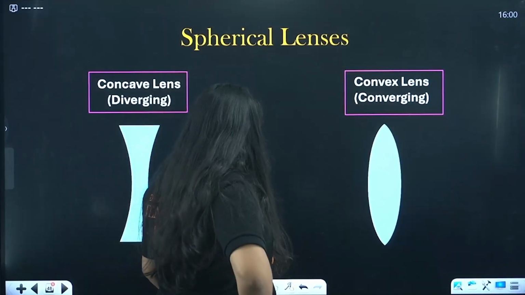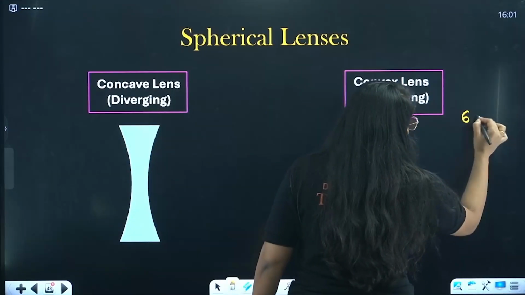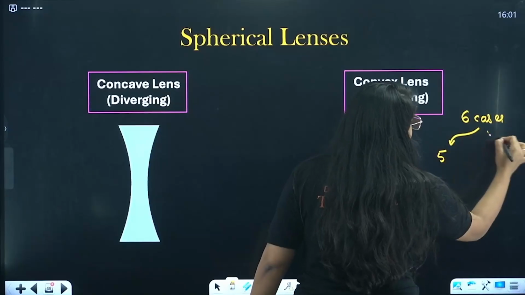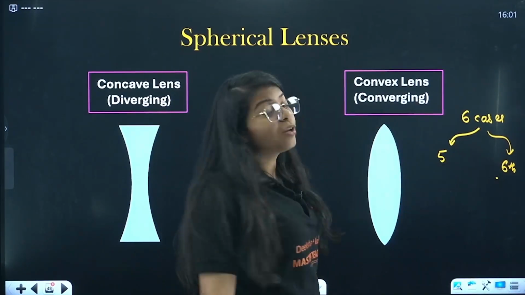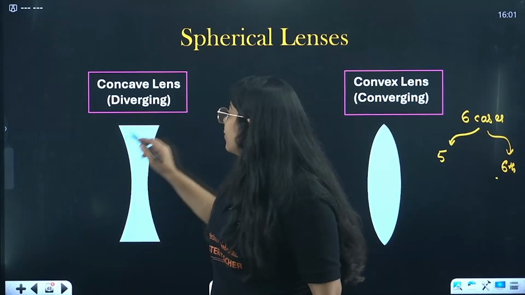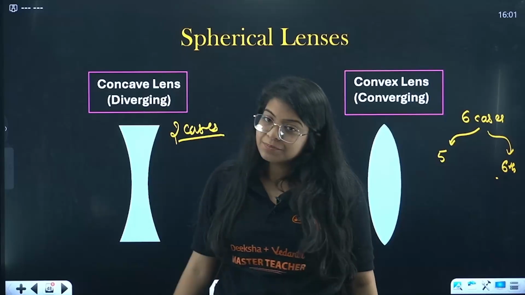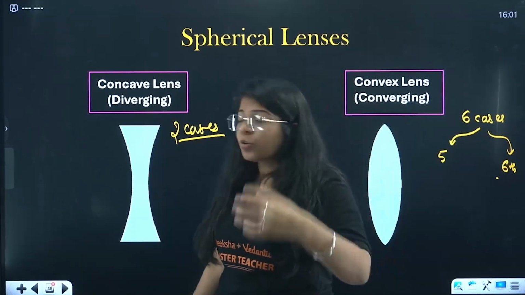Concave mirror has 6 cases, now convex lens will have 6 cases. Same, it has 5 good cases and the 6th case will be your stupid one. And convex mirror had 2 cases, here concave lens will just have 2 cases.